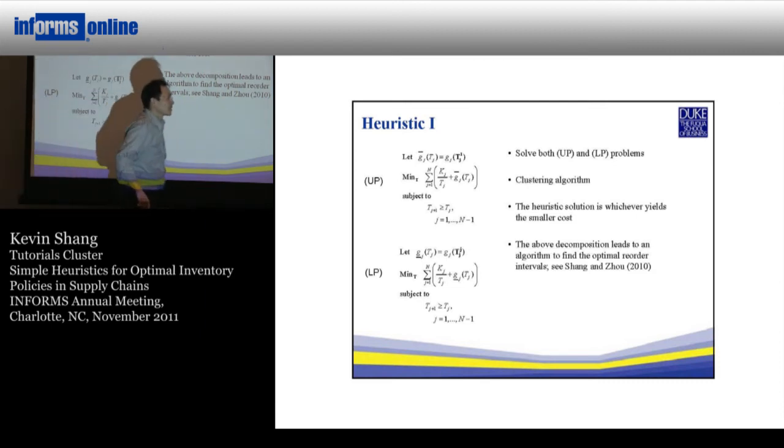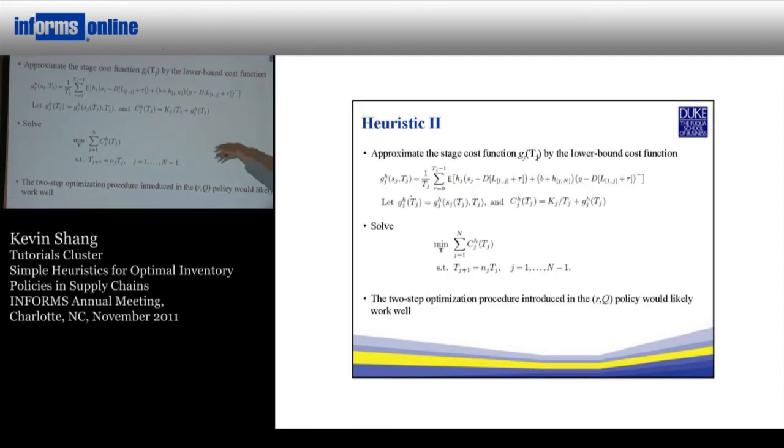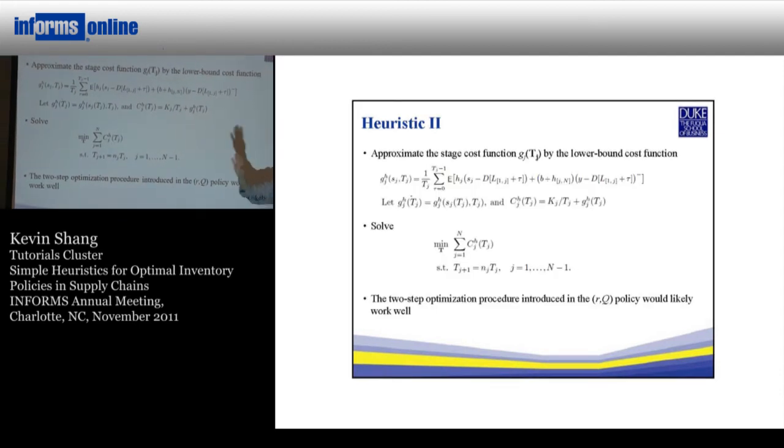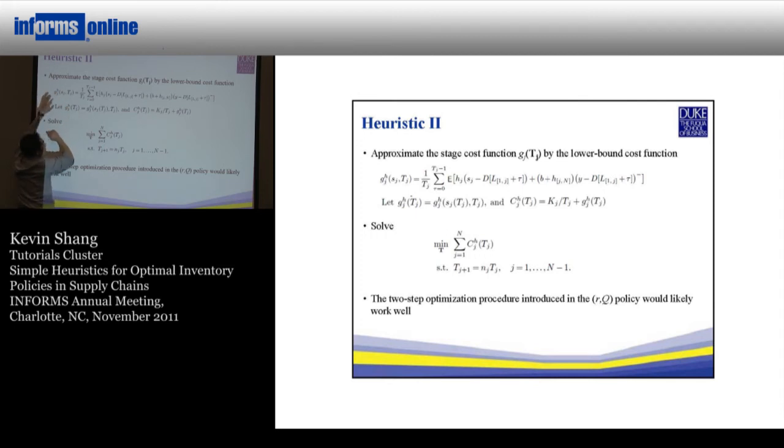So here comes the second heuristic. Instead of solving this complicated one, you have to decouple this and that. You can just take this lower bound. I'm using H, but this is I copy paste from my paper. But here you should think of it as L. Okay, so it's holding cost, backorder cost, and I plug in and solve the relaxed problems, and we actually come up with another heuristic.